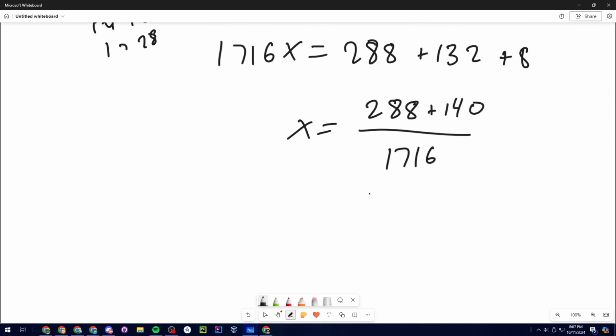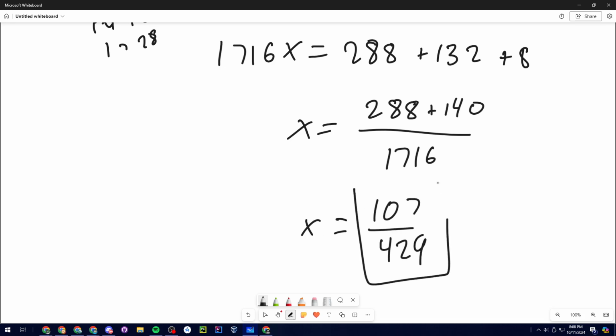Now this is just a game of simplifying a fraction, but I don't want to show the gory algebra in the video. I'm just going to do it real quick on my calculator, just to make sure I didn't lie to you guys and say that this was the right fraction. So this should simplify to, yes, okay, this is the right fraction. So x is equal to 107 over 429, which is your final answer.